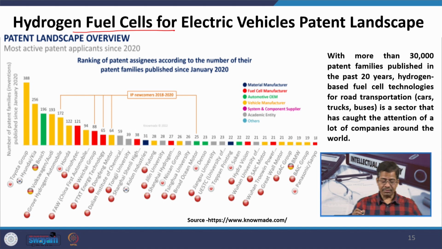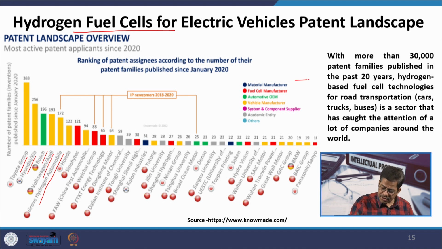Here you can see the companies which are having patent families like Toyota Group, Hyundai, Kia, Bosch, Audi, Grove Hydrogen Automobiles, Honda. You can see all these companies which are having patents related to hydrogen fuel cell.